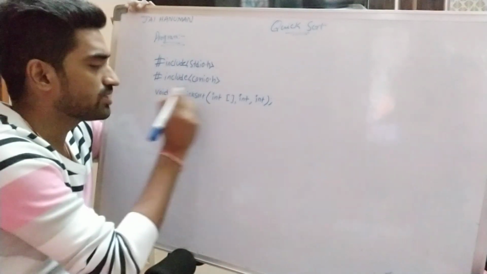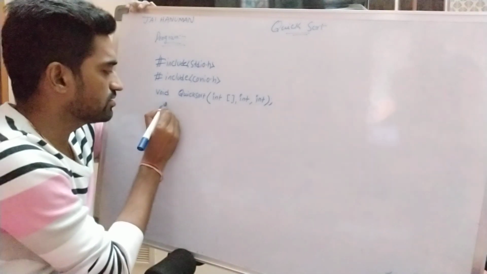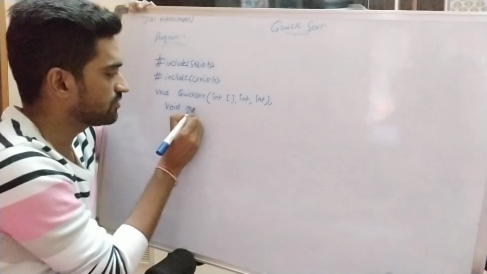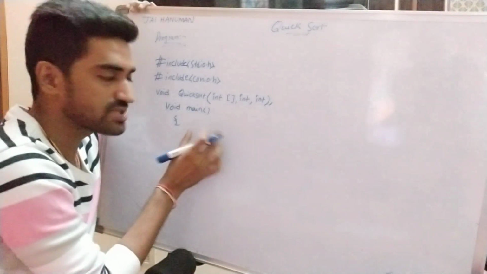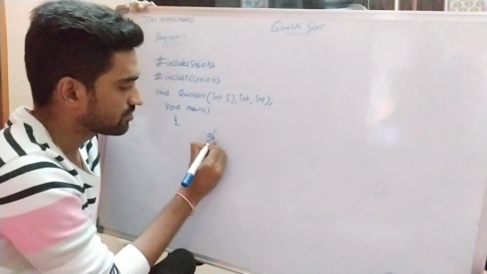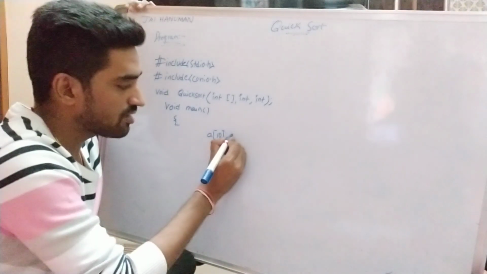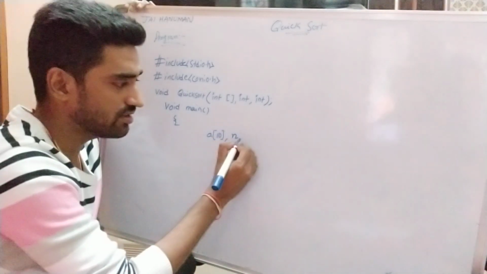Then we define the quicksort function, and then I am writing the main function. In the main function I am using some variables. What are those? The array: here I am taking a of 10. The number of elements entered into the array is represented with n.